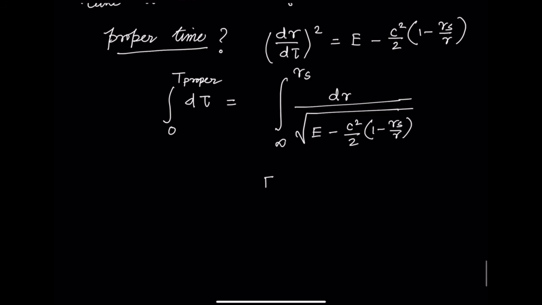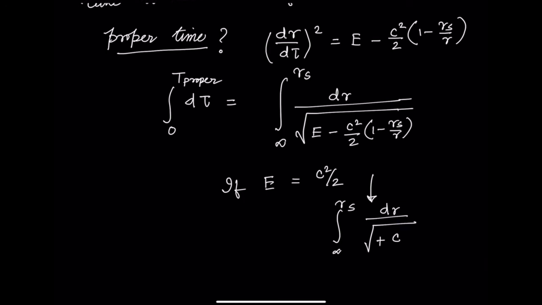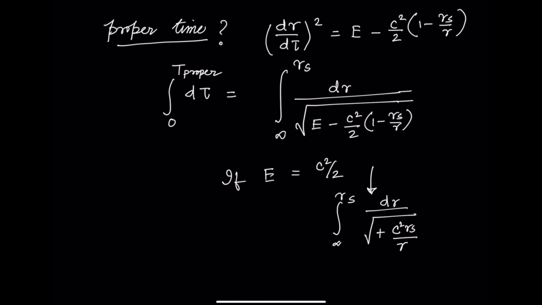Even if, for example, I choose E equals c²/2, the integral just becomes an integral from infinity to rs of dr over a square root, which is a finite integral. If you calculate, you will see that you get a finite value. So the observer, when he looks at his clock, takes finite time to fall from r equals infinity to r equals rs.